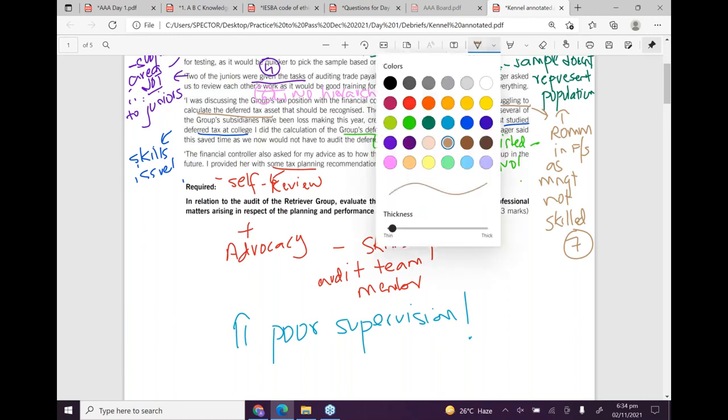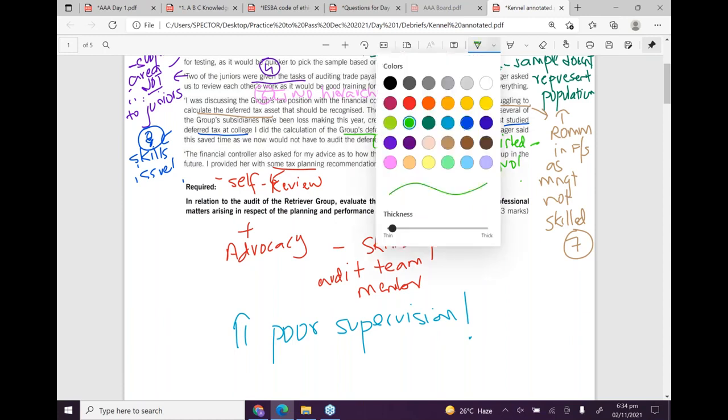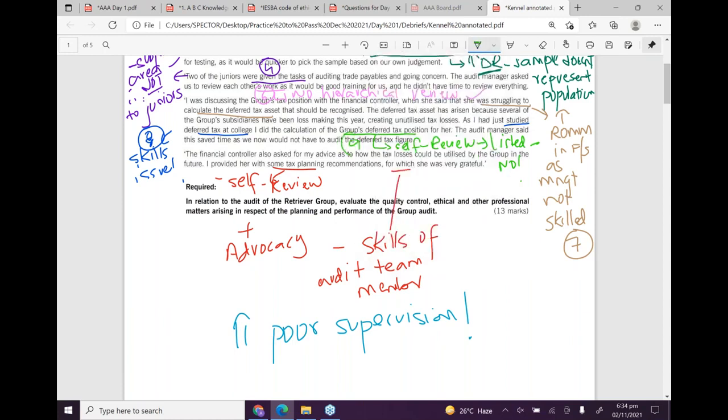Because I have just studied this in college indicates you did not have the skills to do it and you have breached the principle of professional competence and due care. None of you gave me the light green answer. I need you to be very careful that these are the easiest marks.